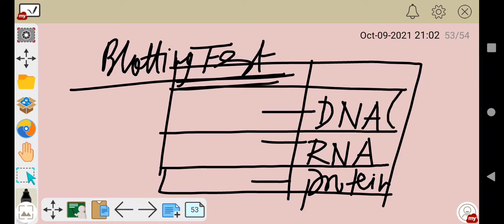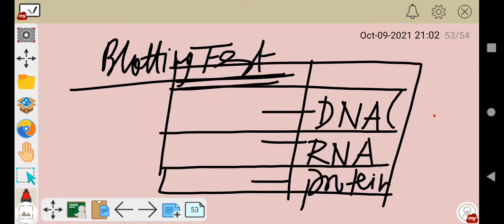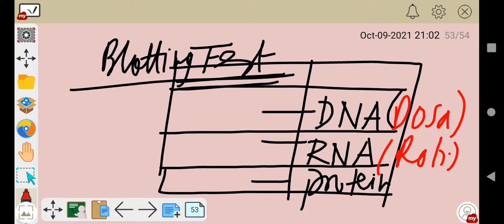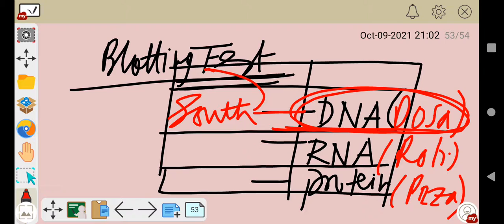So guys, I will use another color. See, I made a short form for DNA. This is dosa, this is roti, and this is pizza. So DNA is dosa. Dosa is taken mainly in the south. So with Southern blotting you can detect DNA.